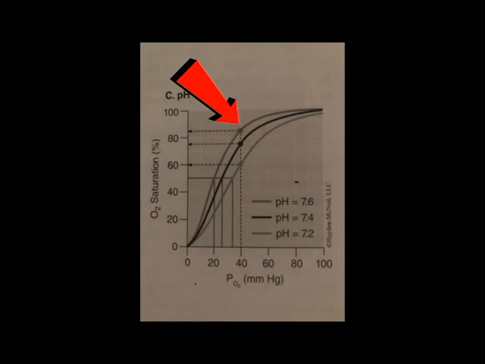The basic pH here is 7.6. And O2 saturation is the lowest for acidic pHs. And with the higher binding of oxygen to hemoglobin, there's going to be less oxygen in the tissues.